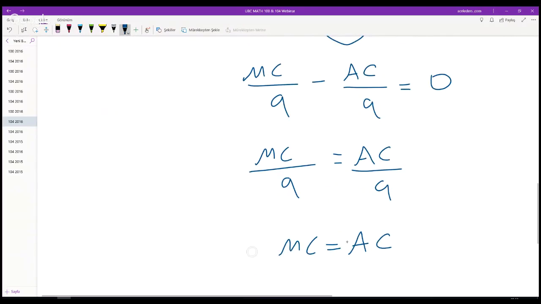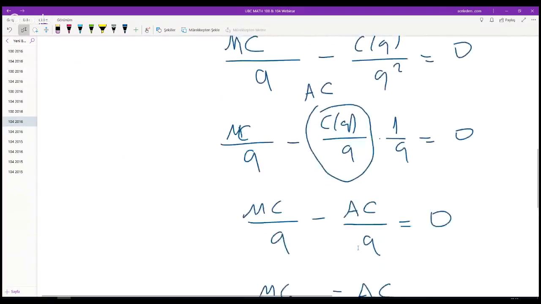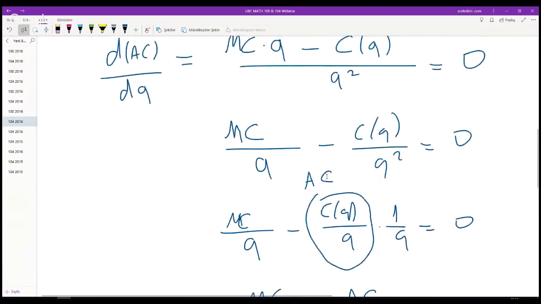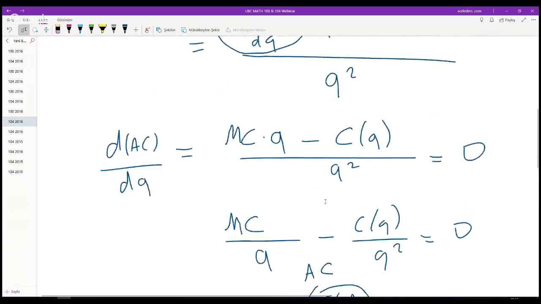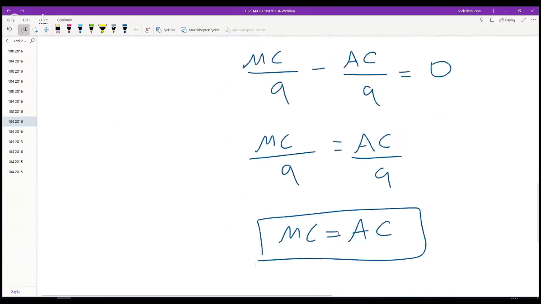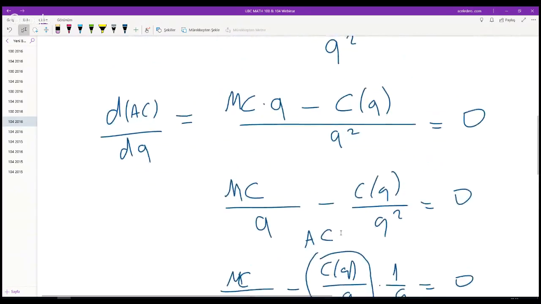So that is the point where the first derivative is equal to 0. So what about being sure that it's a minimum point? I just differentiate the first derivative again.